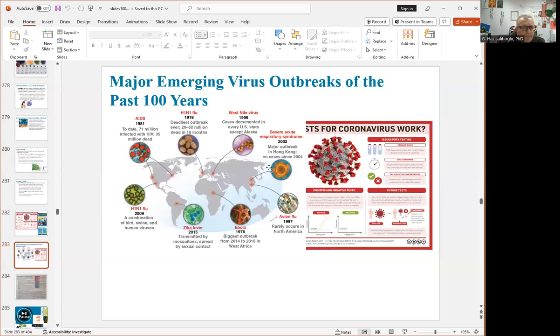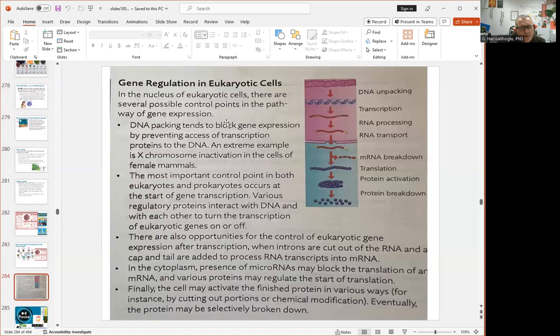So these are some major emerging virus outbreaks of the last 100 years, and you can see them on this map, with their names, years, and a little information about each. So that's pretty much chapter 9.